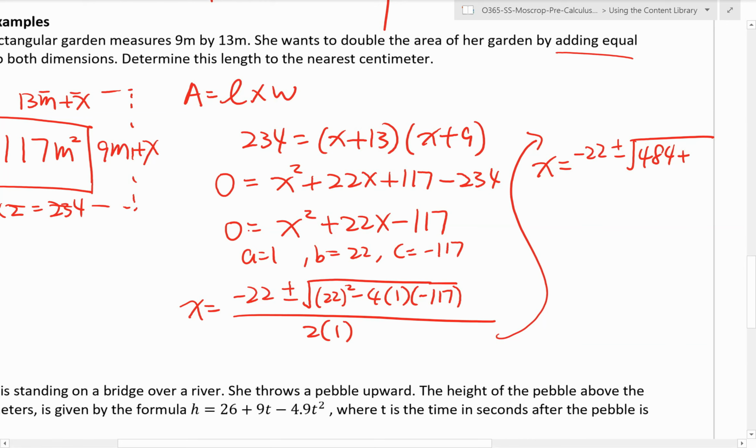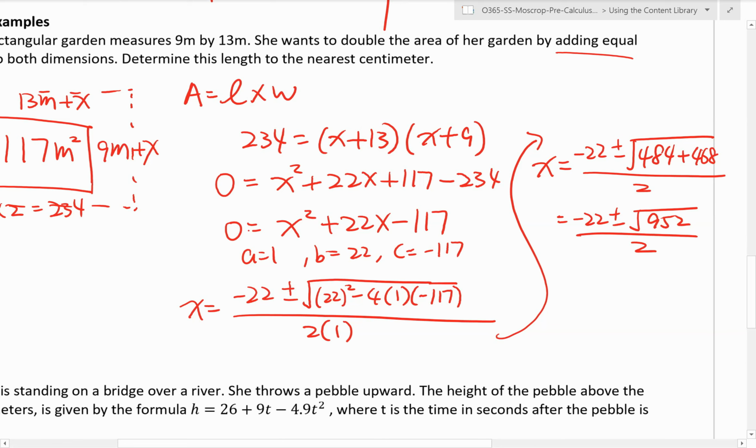So we have 117 times 4, which is 468. So we have negative 22 plus or minus the square root of 484 plus 468. 484 plus 468 is 952, divided by 2.